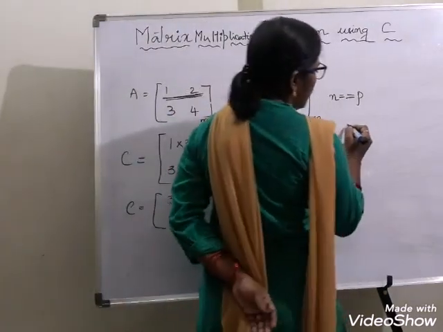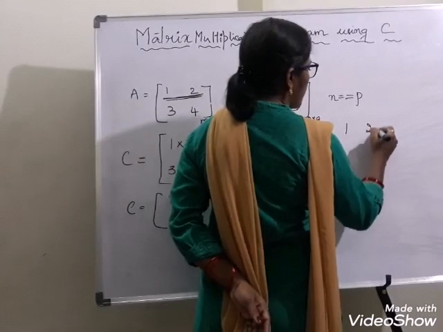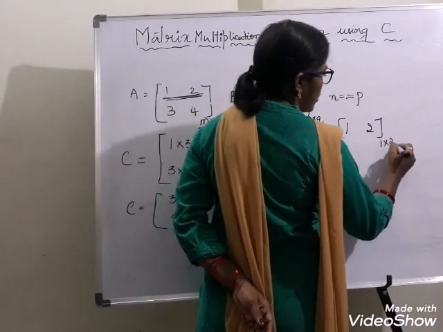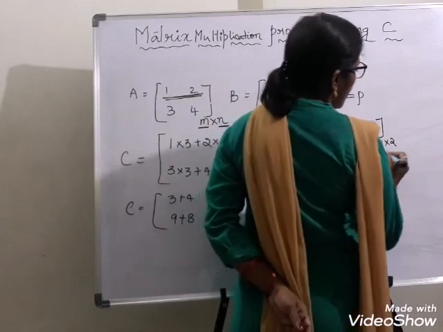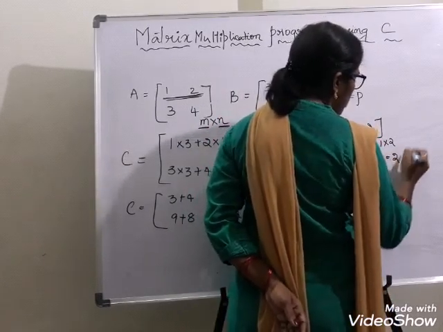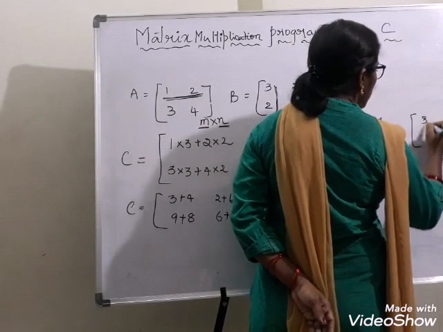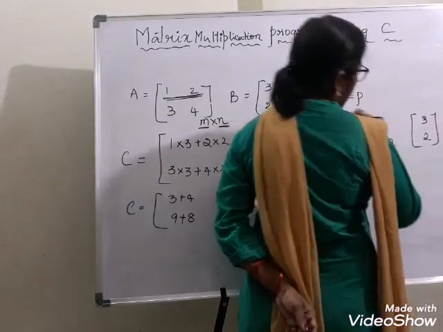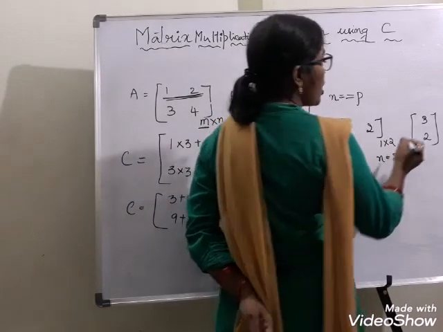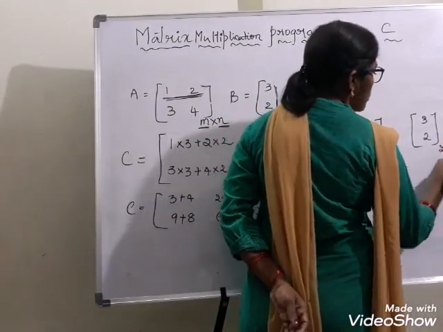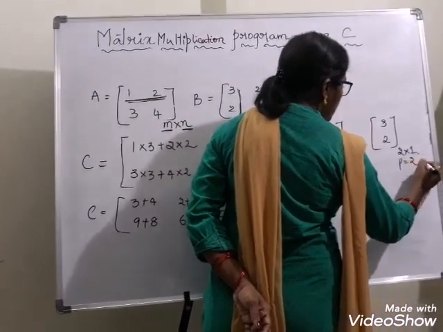Suppose if I have a matrix like this, 1 by 2. So what is the size? 1 by 2. Right? So what is my n value here? 2. So what should be my other matrix? 2 by 1. What is this size? 2 by 1. So here my p value is 2.